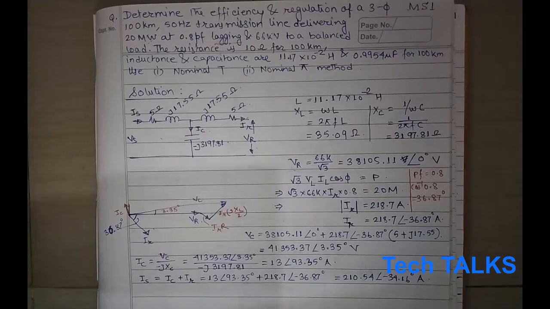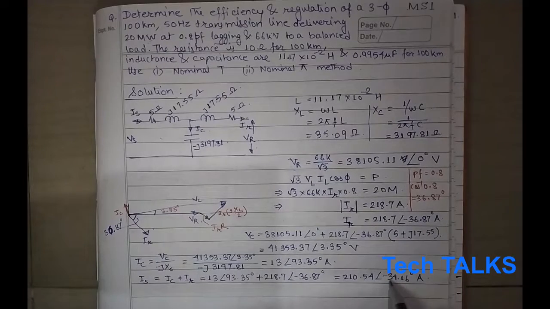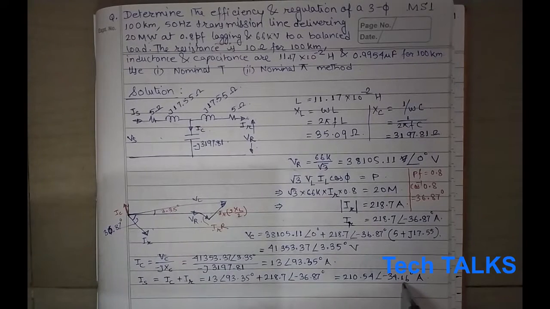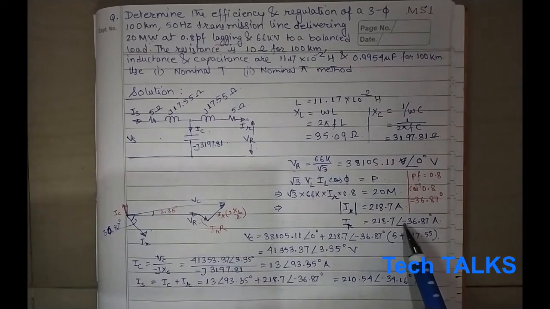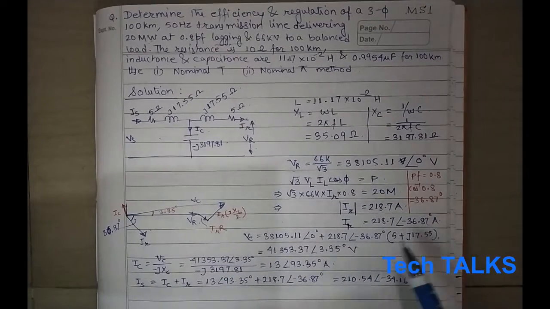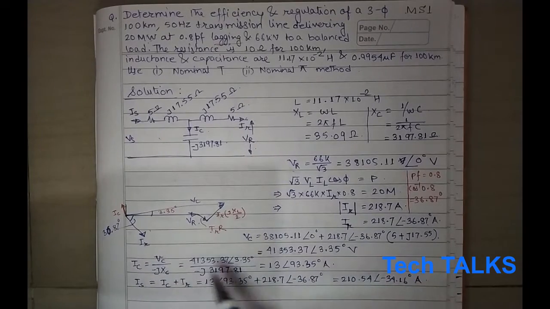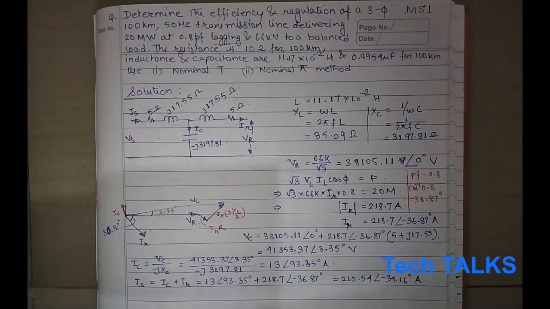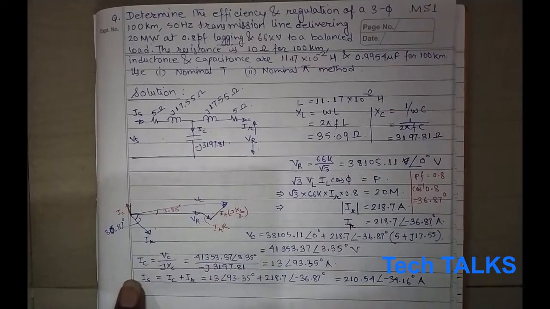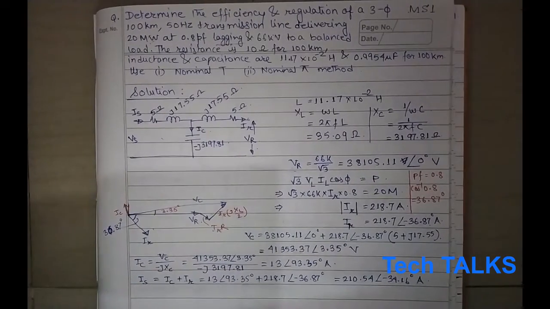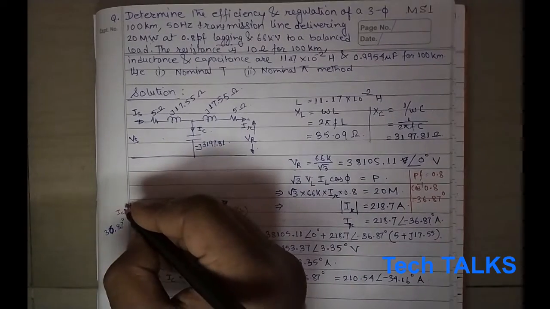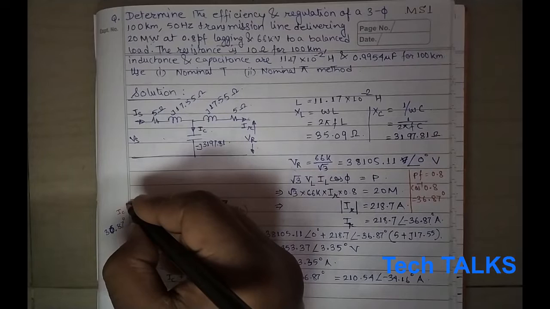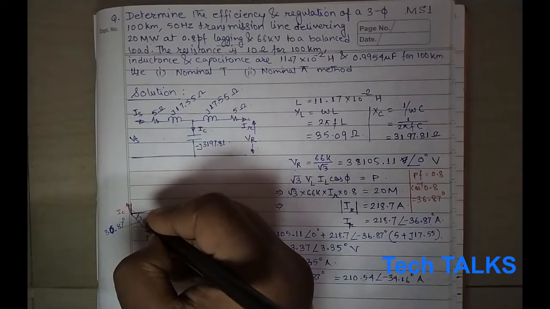Okay. Now you check that IS is at an angle of minus 34.16. IR was at an angle of minus 36.87. So IS is just ahead of IR. Okay, so let us check in the phasor diagram. We draw the vector over here.